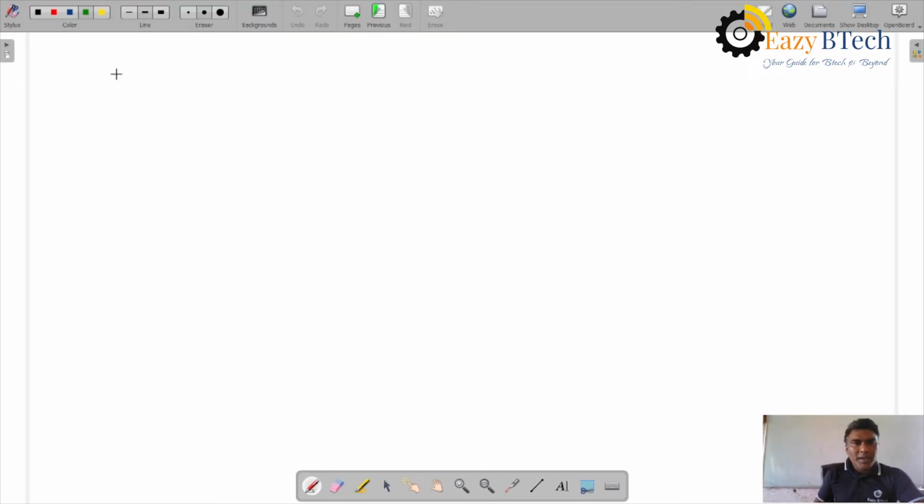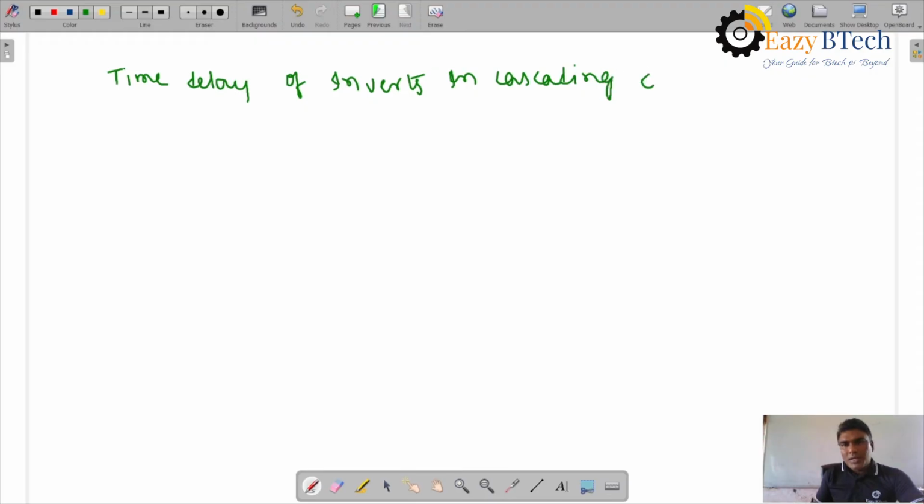Now let us see the time delay calculations. Time delay of inverters in cascading connection, right?